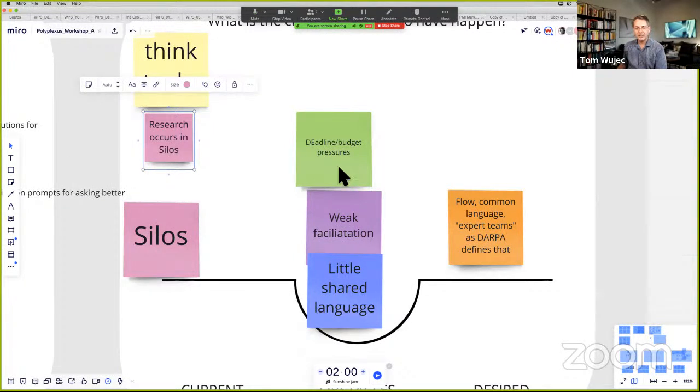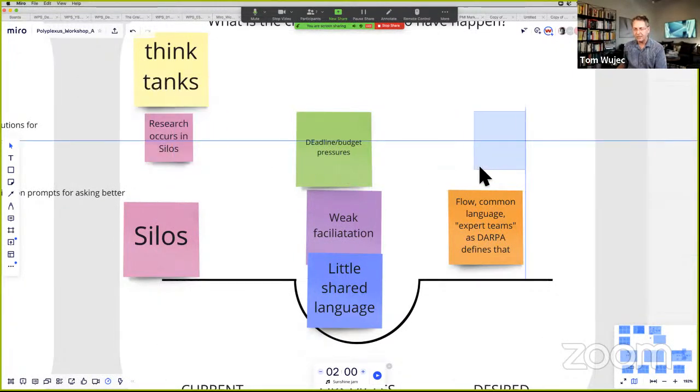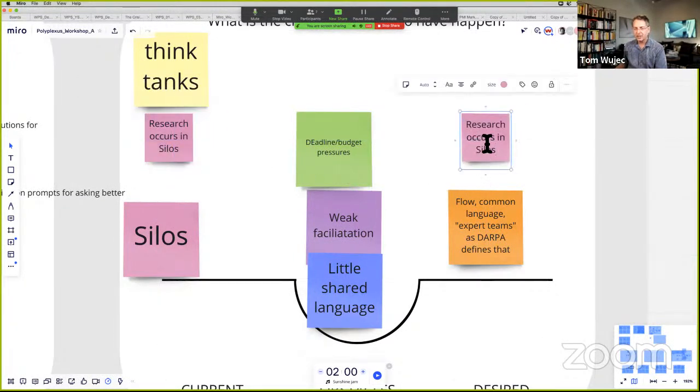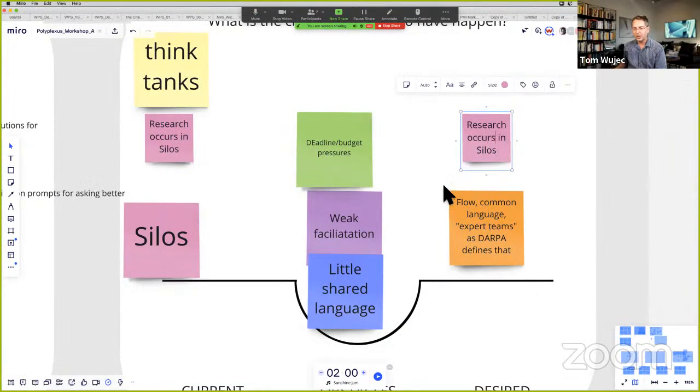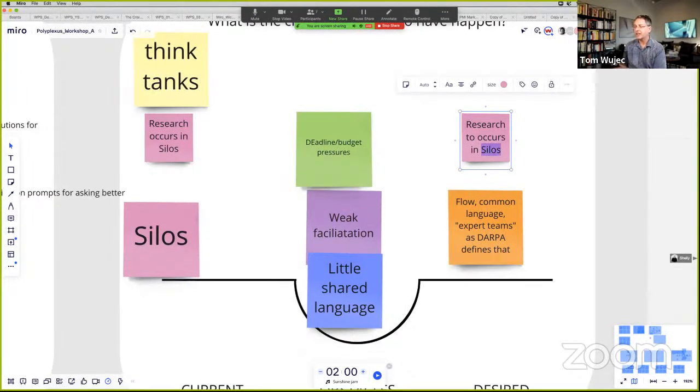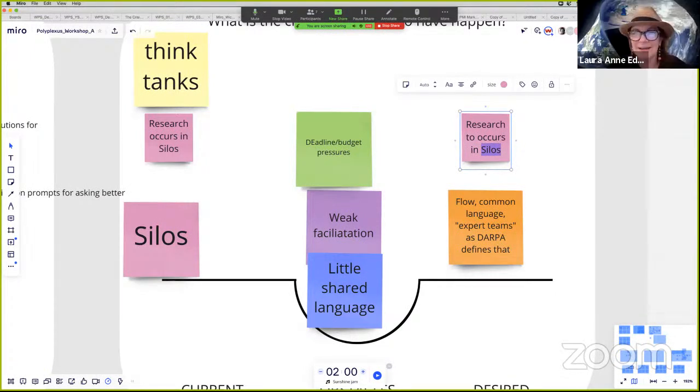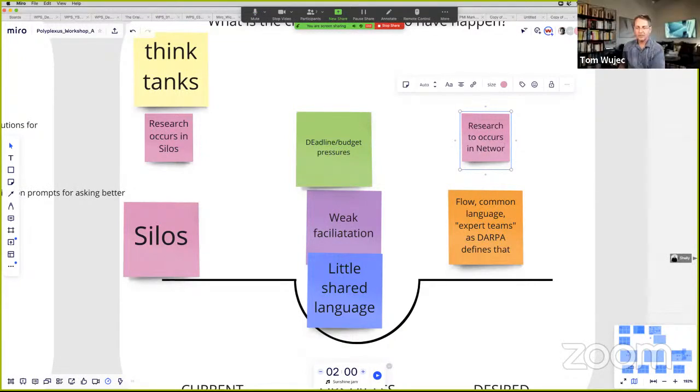And the desired state is, I think, what you said, is research to occur in... what's the opposite, or what's the desired state? In silos? I'm going to say networks. Okay. In networks, non-siloed networks.